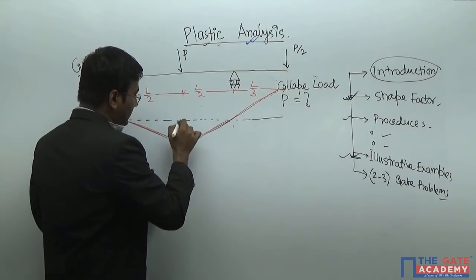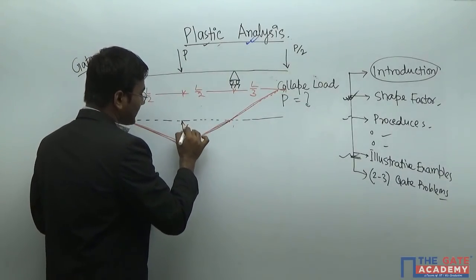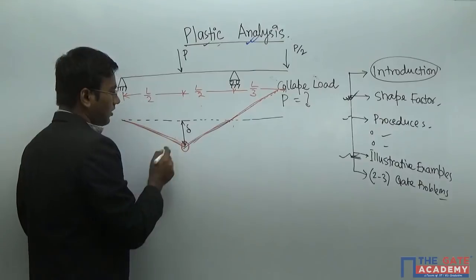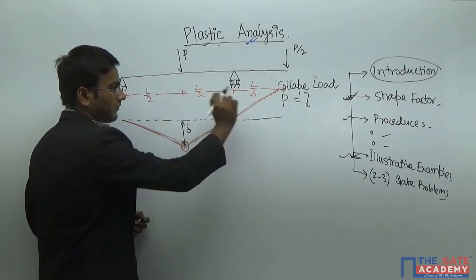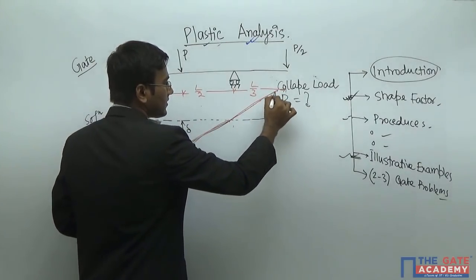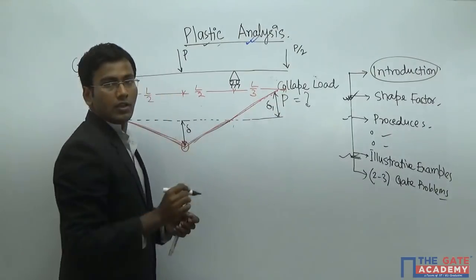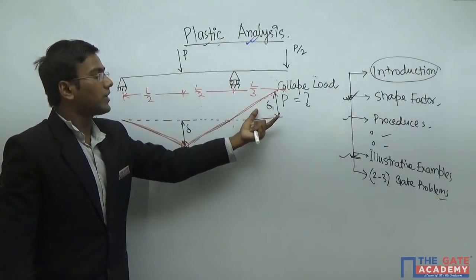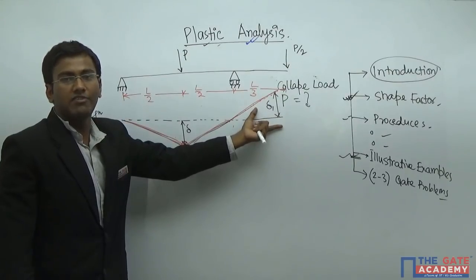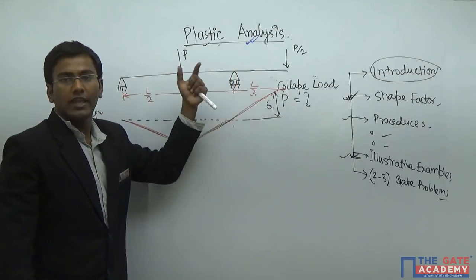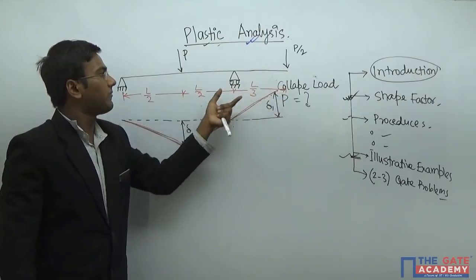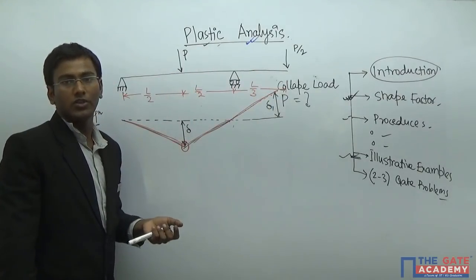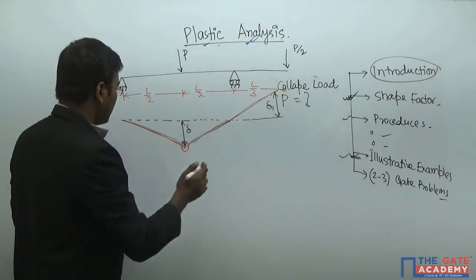Now take this as delta, the total deflection here, and take this as delta 1. Why different? Because the load is also different. So we can expect there should be some different external energy, because the load is different. Now please write.